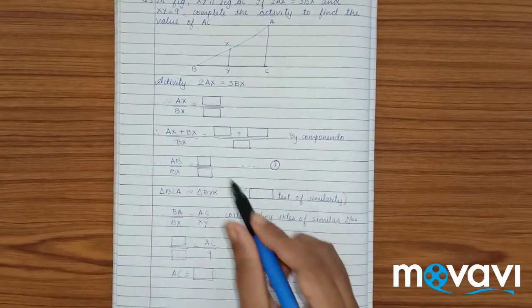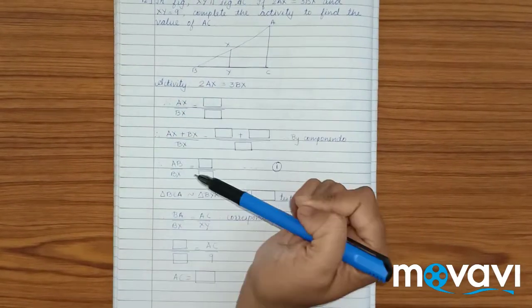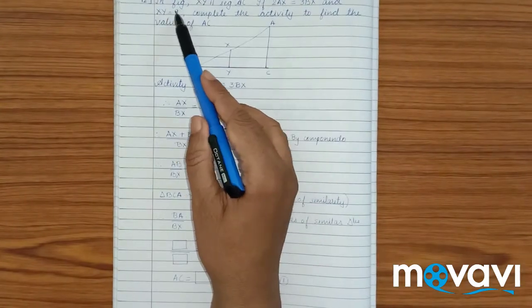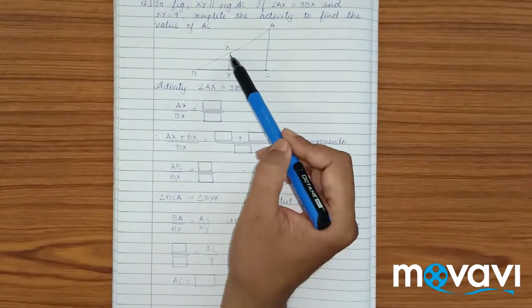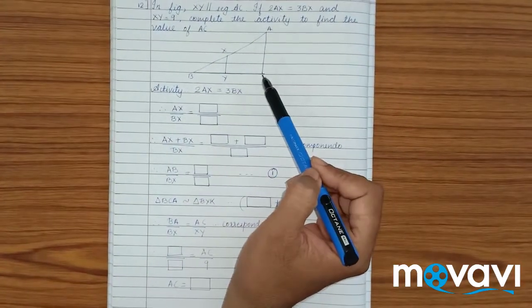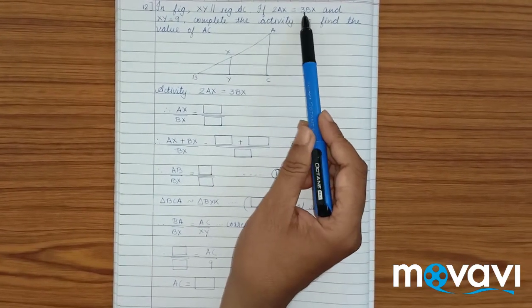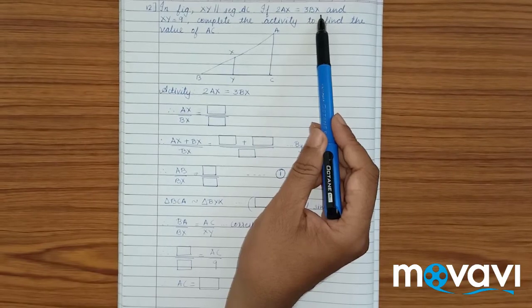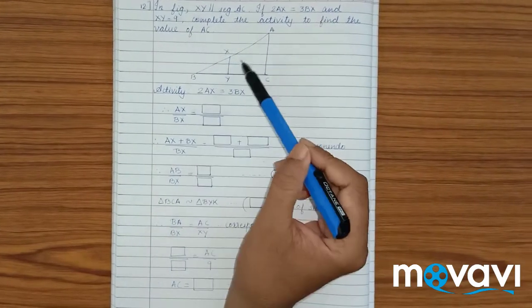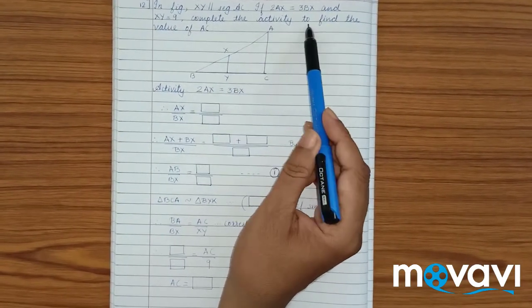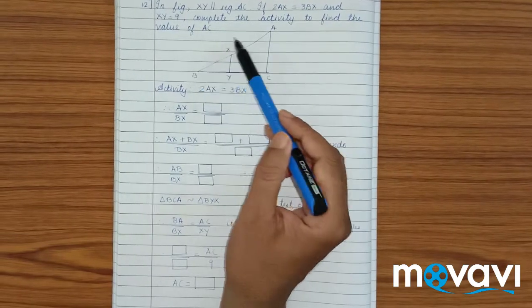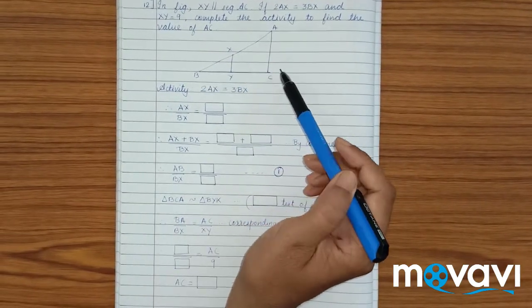Okay, so we'll solve 12th example. Again, it's an activity. In the figure, XY is parallel to AC. This is given. If 2 times AX is equal to 3 times BX and XY is given as 9, complete the activity to find the value of AC. You are supposed to find AC.